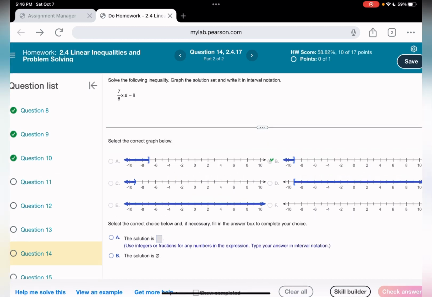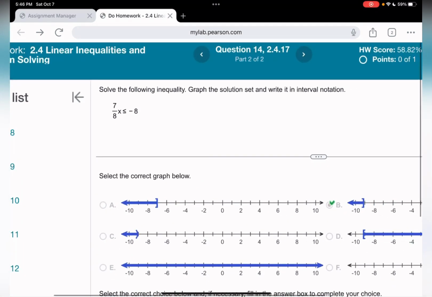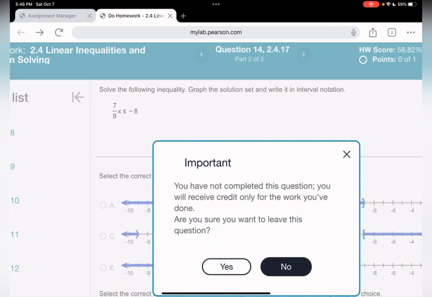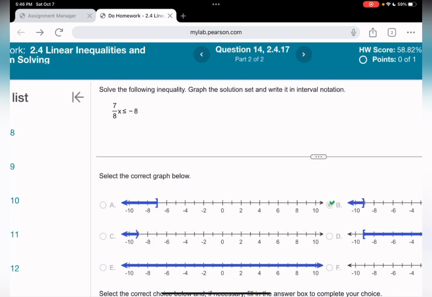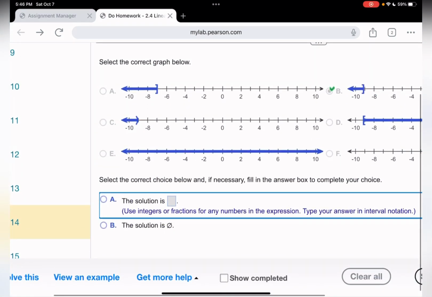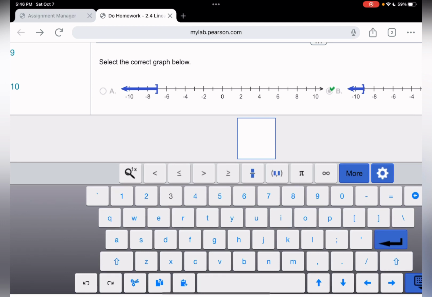Number 15, you already can do it. Number 14, yeah. I want to explain one thing. Oh, they want us to put it in notation, okay, we'll put that.